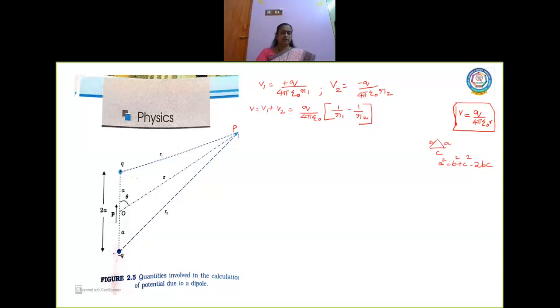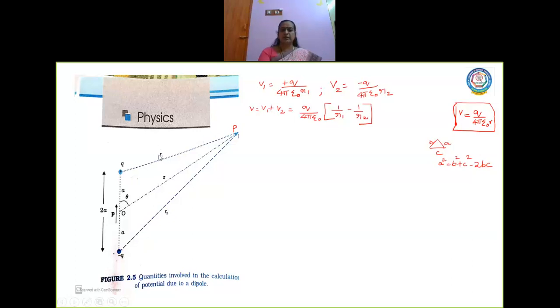Now I need to find out what is 1 by R1 and what is 1 by R2. For this, I am going to use the cosine law. Let us find out 1 by R1. Let me start the cosine formula with respect to this triangle, children, with respect to plus Q. So this is R1, this is R, and this is A. Let us consider this to be a triangle.